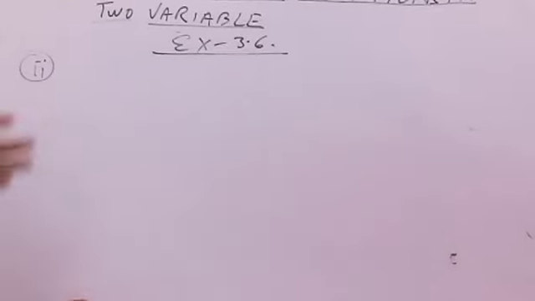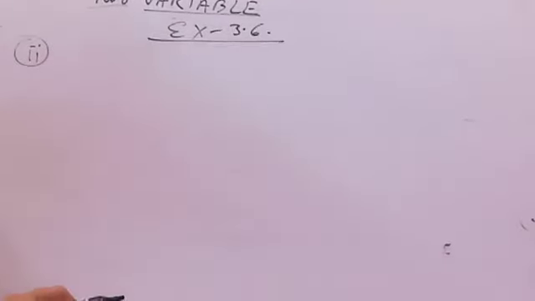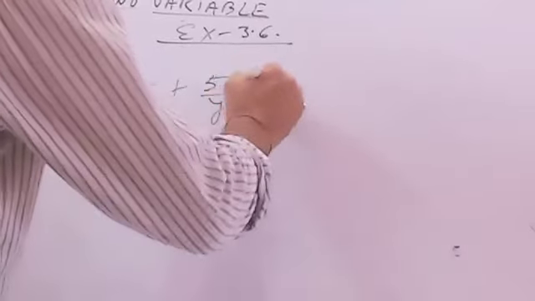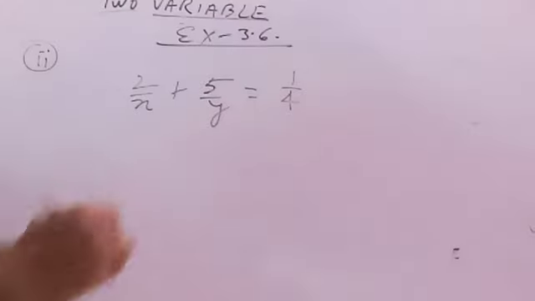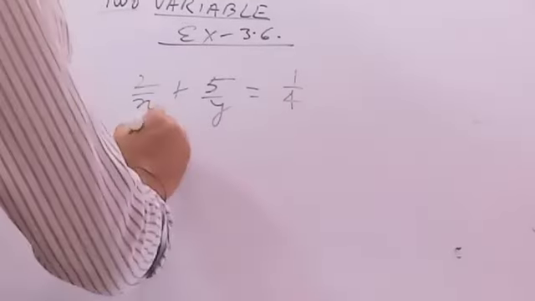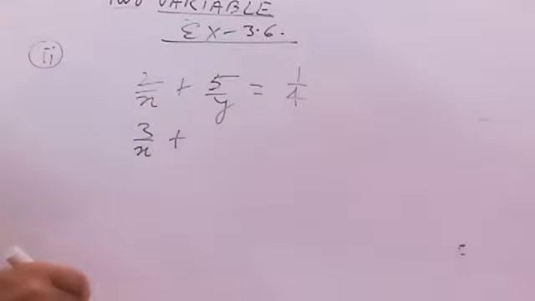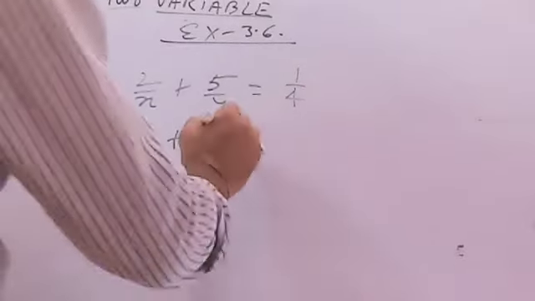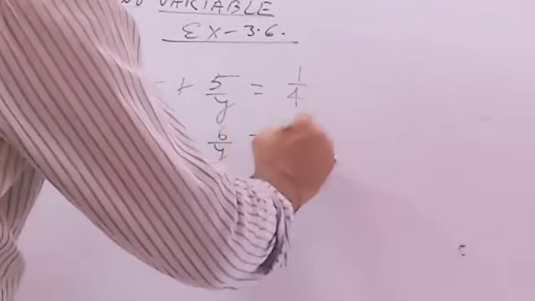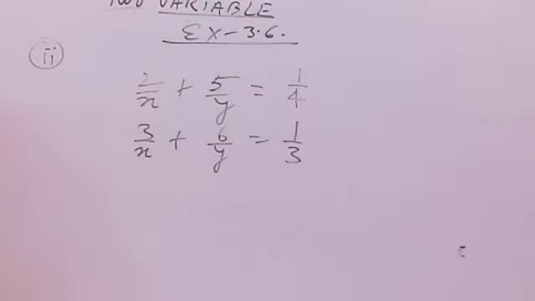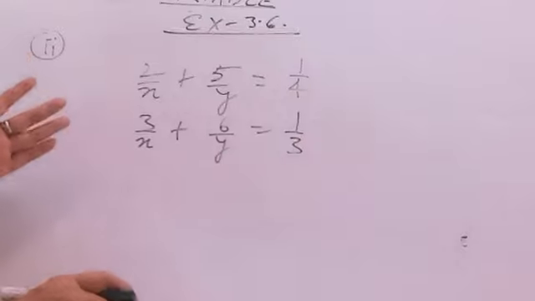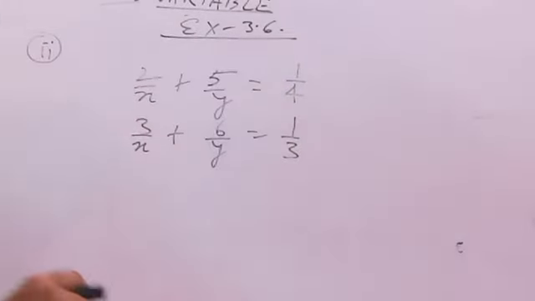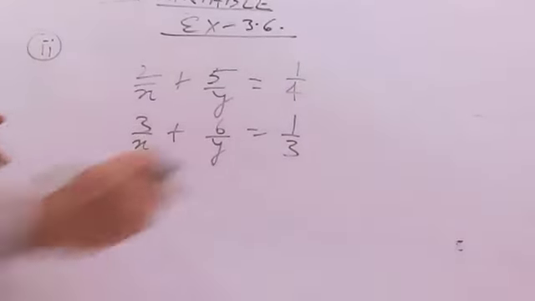The equations it is giving you are 2 by x plus 5 by y is equal to 1 by 4, and the next one is 3 by x plus 6 by y is equal to 1 by 3. You will reduce this using 1 by x and 1 by y as p and q. But let me explain how this comes.